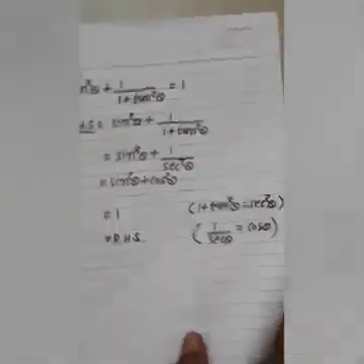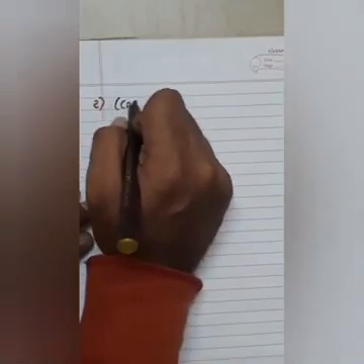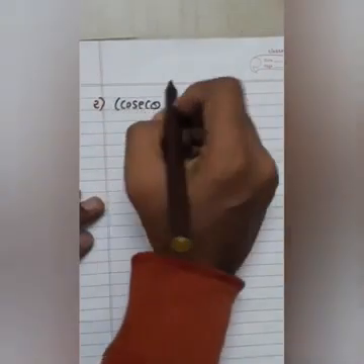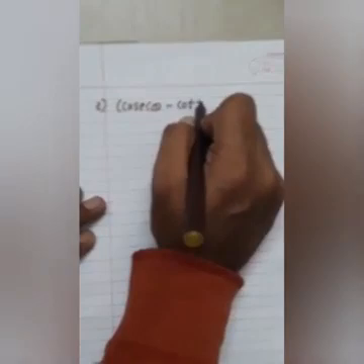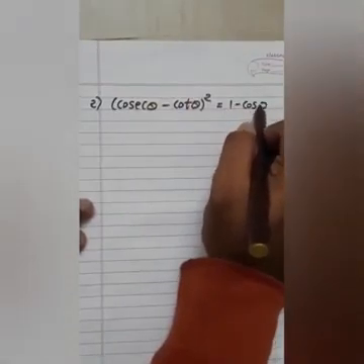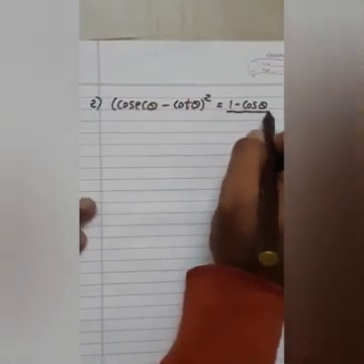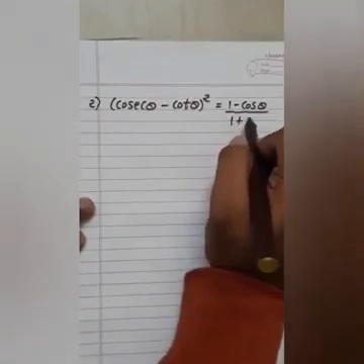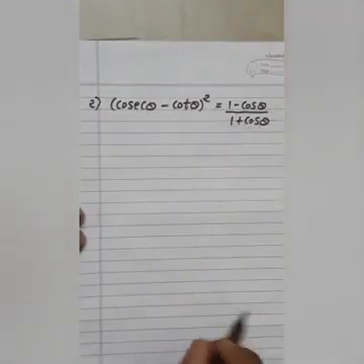Next question. Second question: prove that cosec theta minus cot theta whole square is equal to 1 minus cos theta upon 1 plus cos theta.